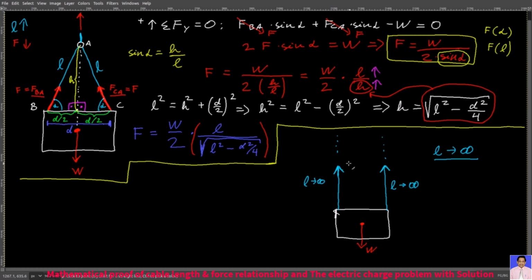And note that this is not a vector arrow. This is just to denote that the lengths of your wires approach infinity.